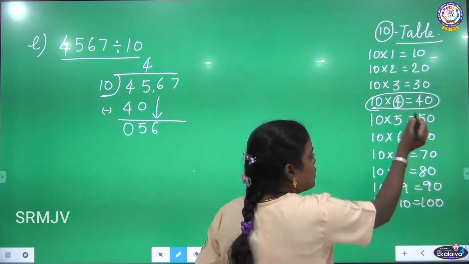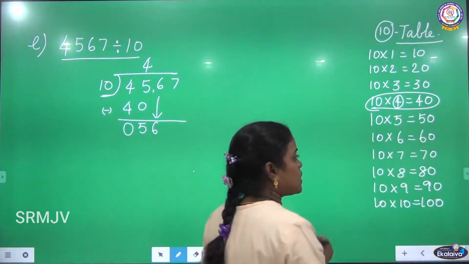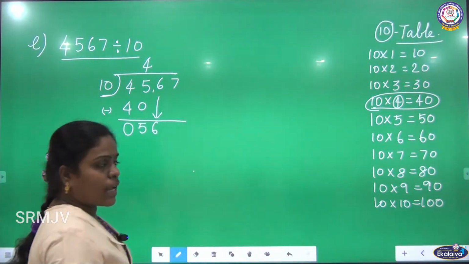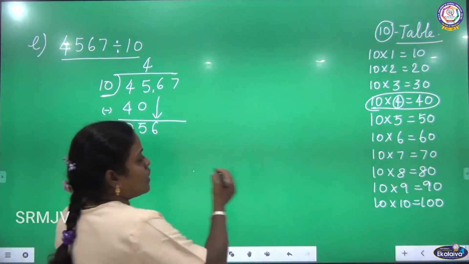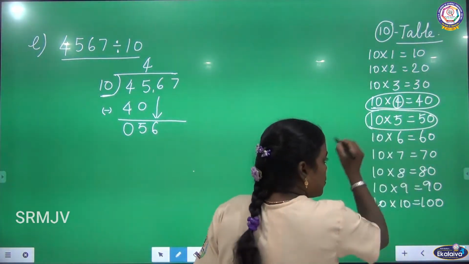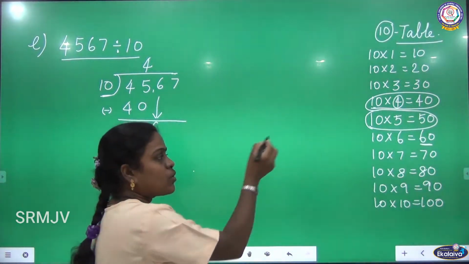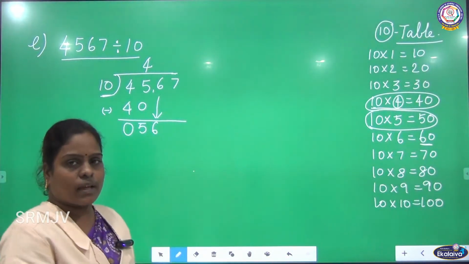10 fives are 50 and 10 sixes are 60. Which one do we have to take? 10 fives are 50 because 60 is greater than the number. So we have to take the 5th time.